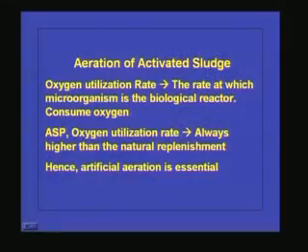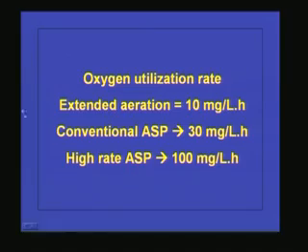We will discuss in detail the oxygen requirements for different modifications of the activated sludge process. When we talk about the extended aeration system, we have to supply around 10 milligram per liter per hour of oxygen. That means the oxygen consumption rate is lower in the extended aeration system.